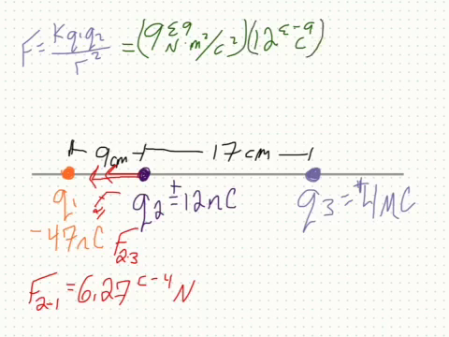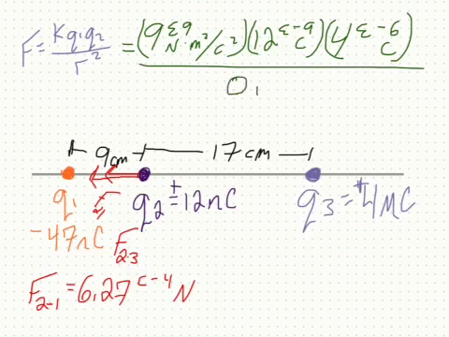And Q3 is positive 4 microcoulombs. So that's 4 millionths of a coulomb, 4E-6 coulombs. Micro means millionths. So E-6, over the distance between them squared, 0.17 meters squared.